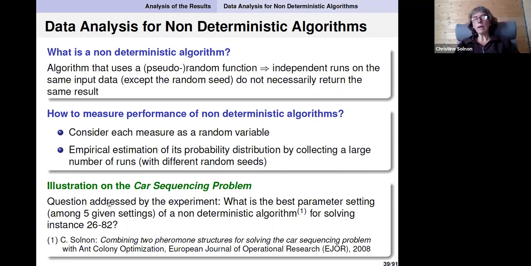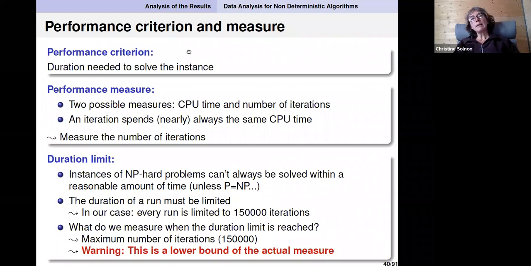So we are going to illustrate this on the car sequencing problem, and our question is a very simple question; we will address more sophisticated questions in the next two studies. I start with a very simple question, which is: what is the best parameter setting among 5 given settings of a non-deterministic algorithm for solving just one instance, which is instance number 2682? What is my performance criterion in this case?